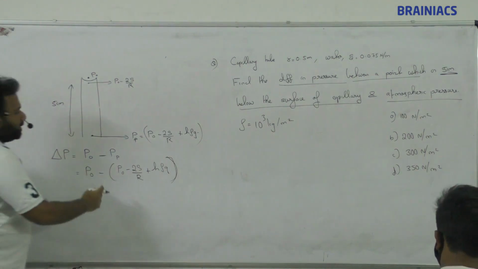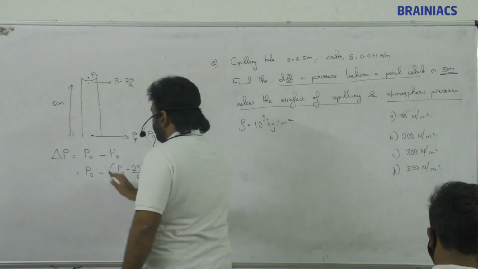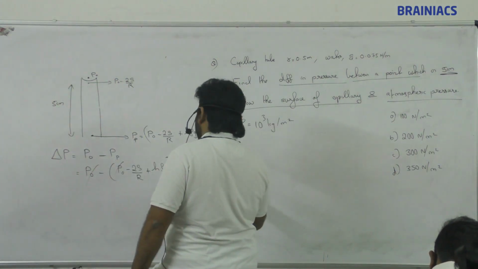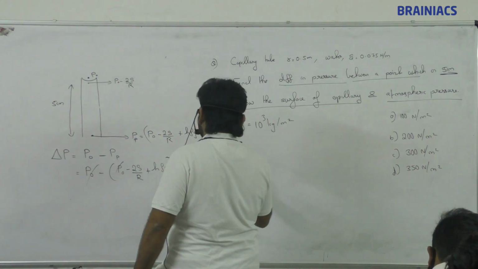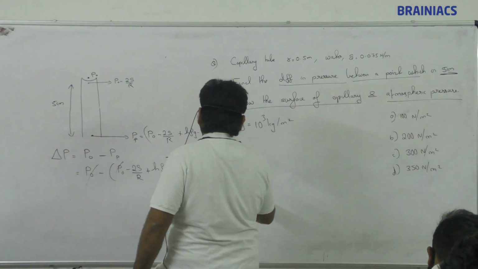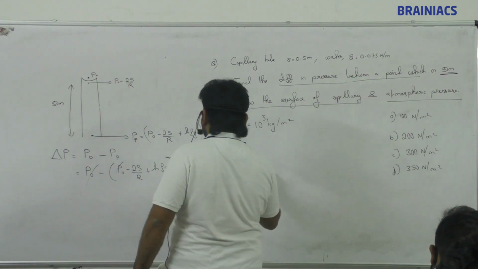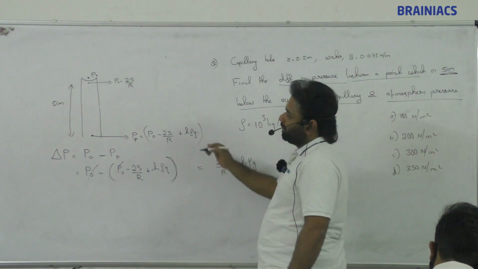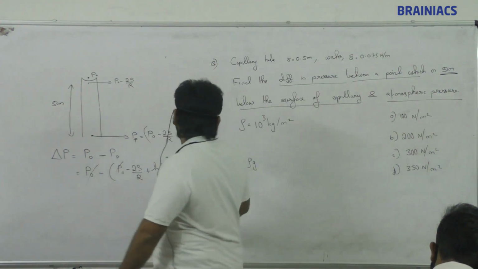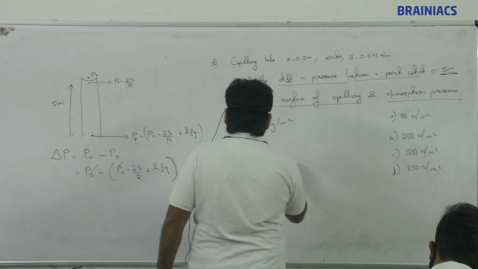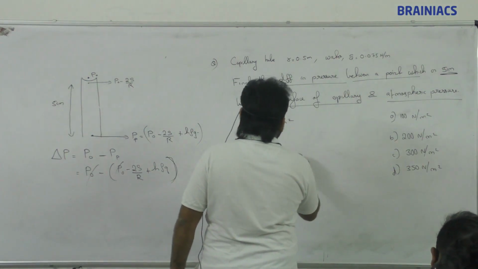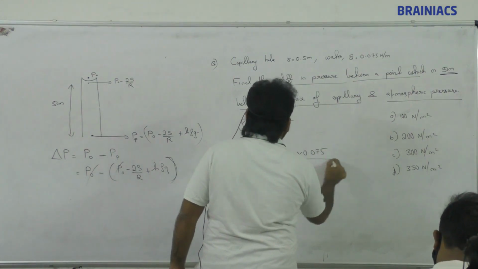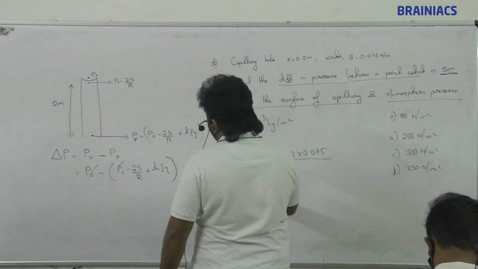Take it inside. P0 will be cancelled off. This is going to be 2s by r minus h rho g. So this is the difference in pressure between atmospheric pressure and that point. Now you substitute the values. 2 into the surface tension 0.075, divided by what is this, children?